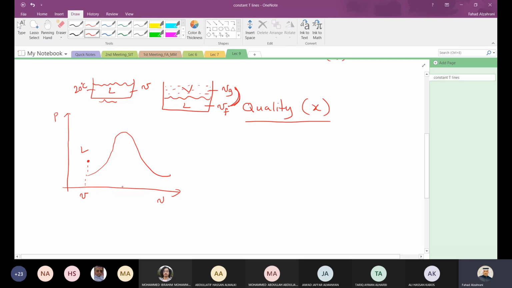The second question is, when I look at this mixture, where am I? Am I, for example, here? Am I here or there? Is there a quantity that can tell me where I am exactly? I am, let's say, 80% vapor, 10% vapor. What is this quantity, or what is this property?